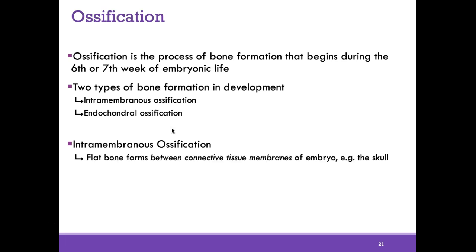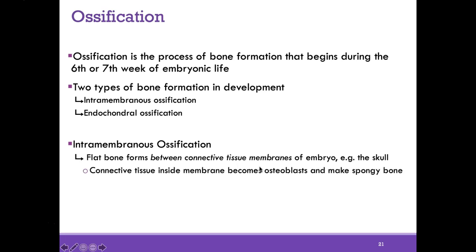First, intramembranous ossification forms flat bones, and flat bones form between connective tissue membranes of the embryo. So what this means is that there are connective tissues inside the membrane that become osteoblasts and make spongy bone. Remember that flat bones have spongy bone on the inside.